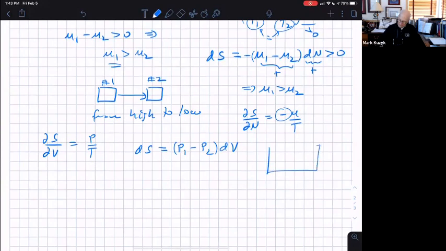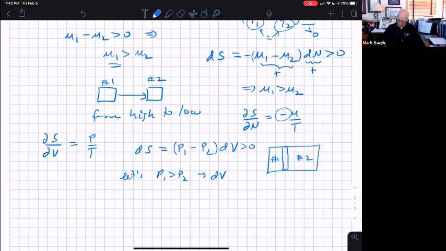So here I have a box with a piston, and here's system number 1, here's system number 2. We know that this has to be greater than 0. So let's say that P1 is greater than P2. That implies that dV has to be greater than 0.